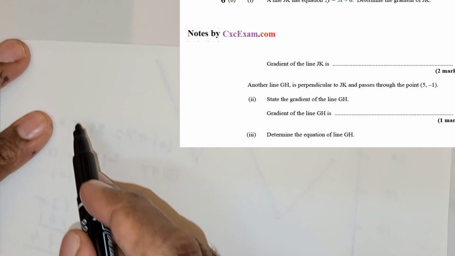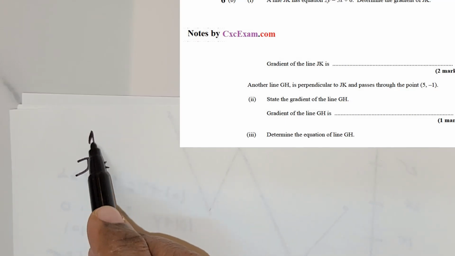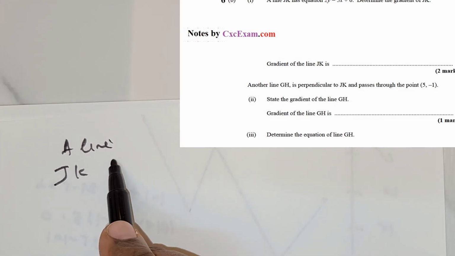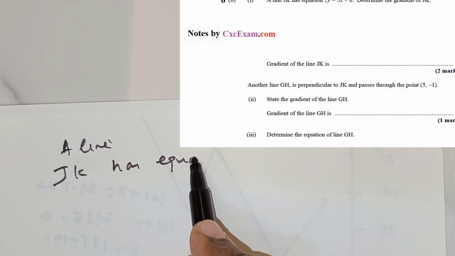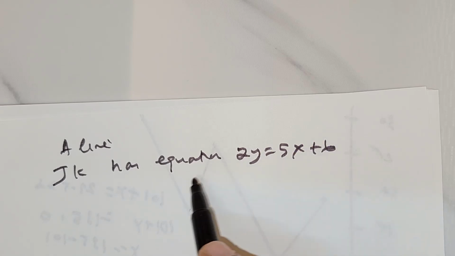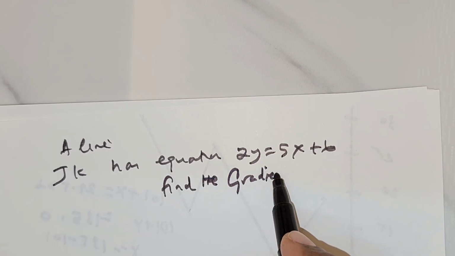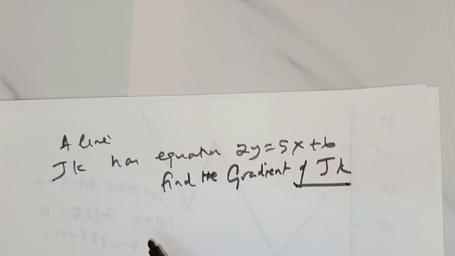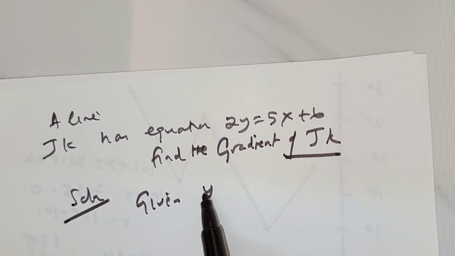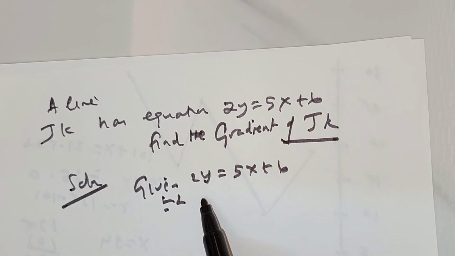Now this is the next question. We've been told that a line JK has equation 2y is equal to 5x plus 6. They're asking us to find the gradient of JK. Now, solution. Given 2y is equal to 5x plus 6, you divide by 2.